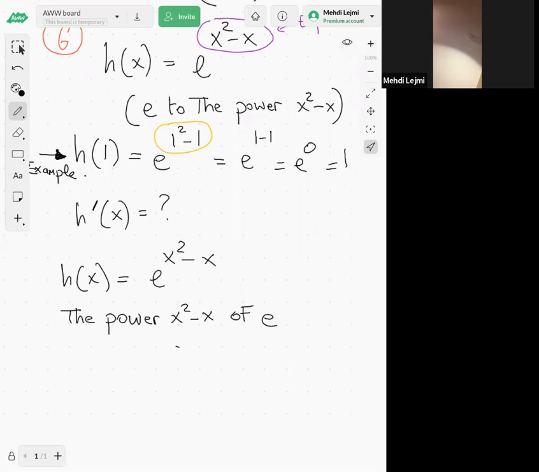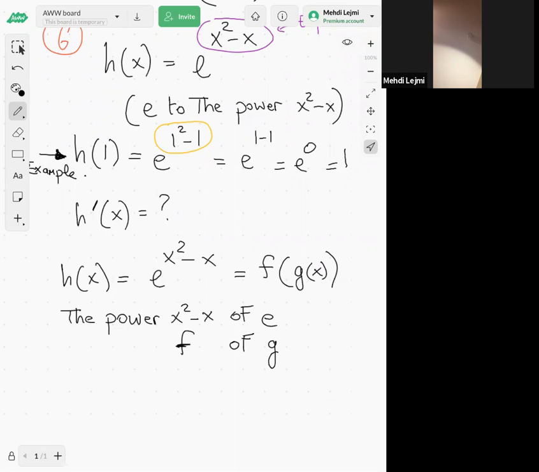So as Elias said, this is actually of the form f of g of x. So what will f be and what will g be? When you say the power x squared minus x of e, this is like f of the function g.